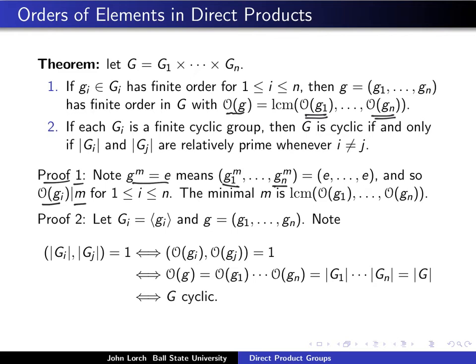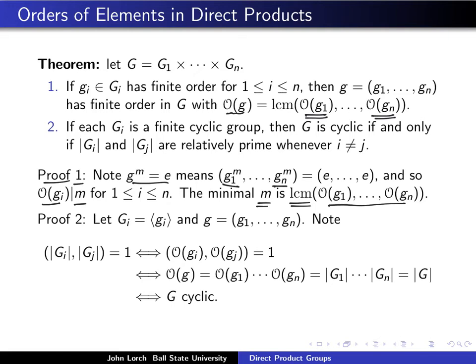Now, remember, we're seeking the order of little g, and that means that we want this m to be as small as possible. So we're looking for the smallest multiple of all of the individual orders, right? So that means that this minimal m should be the least common multiple of all of these. And that proves part 1 of the theorem.